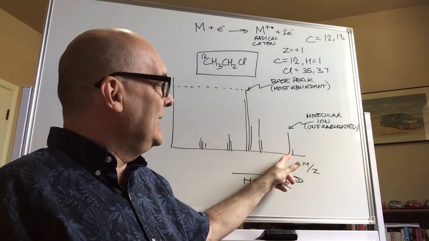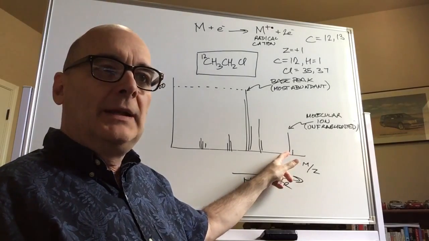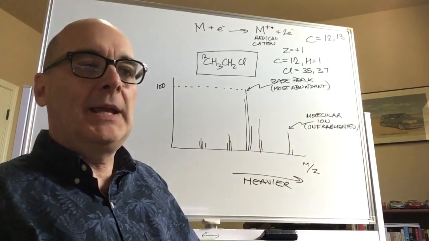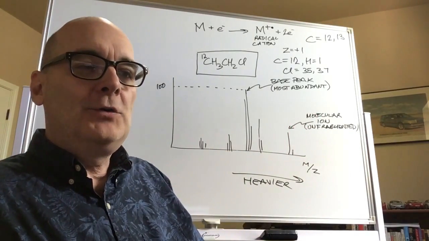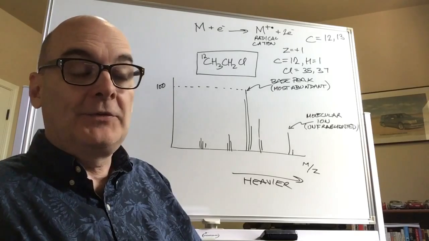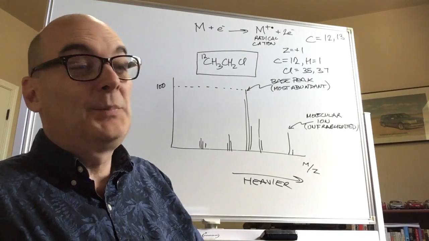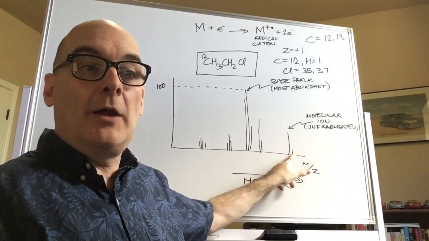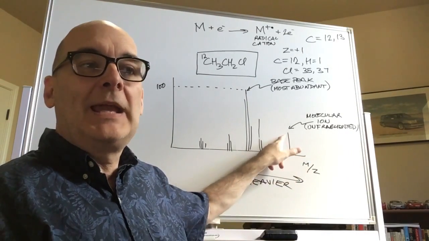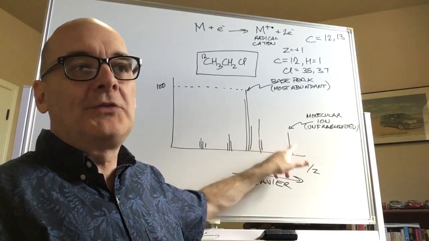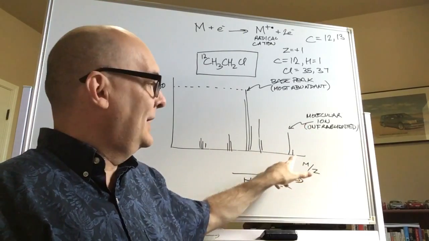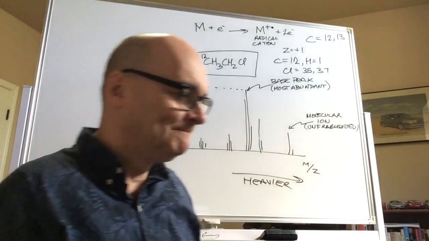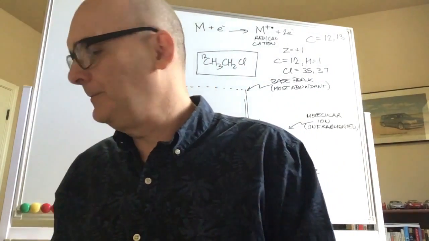If I see a little notch to the right, heavier than my molecular ion, I know that that's probably the carbon 13 kicking in, but I don't count this as being the molecular ion. I count the larger of the two at the higher end as the molecular ion, and I count the smaller as an isotopic little tag. Okay?